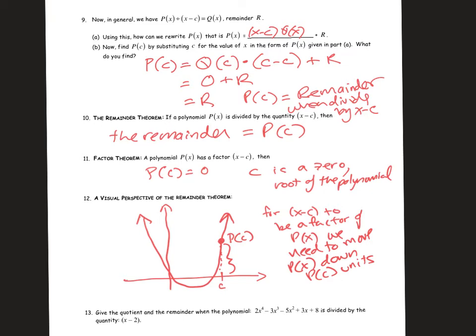The graph is too high for x minus c to be a factor. How high is it? It's p of c high, or in other words, the remainder. Okay, so that is the remainder theorem. Again, the remainder theorem says that when a polynomial is divided by x minus c, the remainder is the y-coordinate when x equals c.